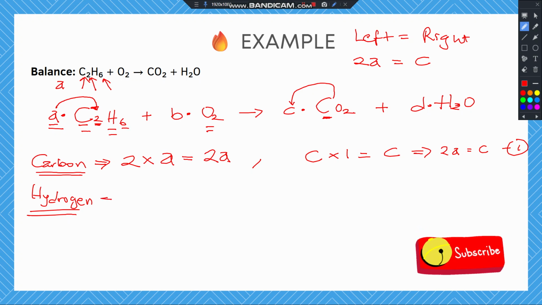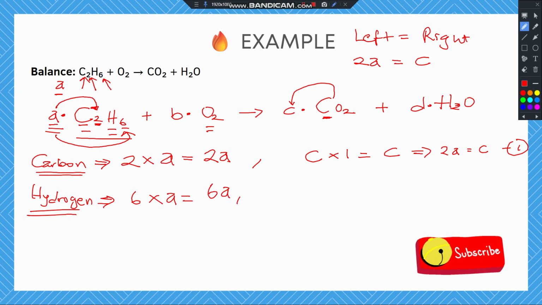Alright, and then it has a coefficient of the letter A, because this A affects everything that is in this compound. So now that we have hydrogen, it has a subscript of 6 multiplied by the coefficient of A. So on the left hand side, it means that the number of hydrogen atoms that we have will be 6 multiplied by A, which is 6A.